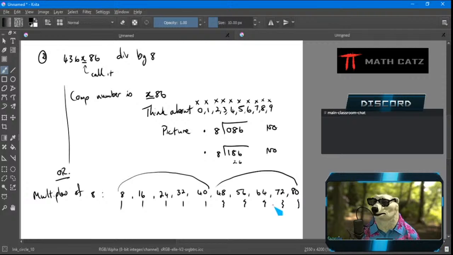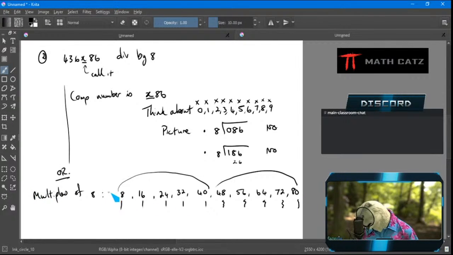It's actually a nice pattern. Which means that regardless of the test for 8, if my original number doesn't end in one of these ones digits, 8, 6, 4, 2, or 0, that number can never be a multiple. Because this number has to be in some loop later on as I make my list of multiples.